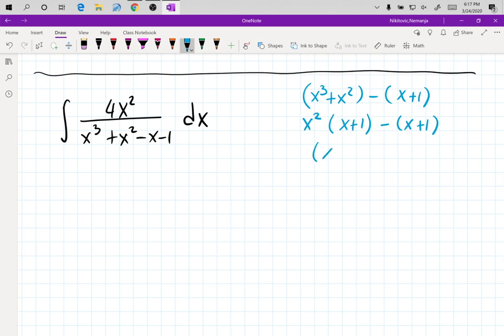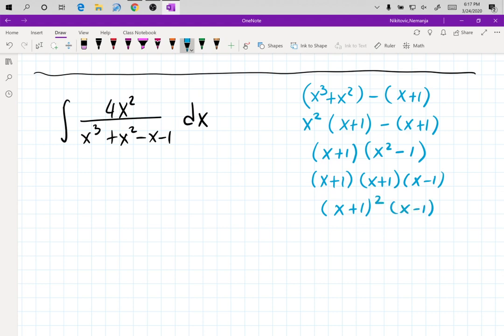And now factor out x plus 1, which leaves us with x squared minus 1. And x squared minus 1 factors further into x plus 1, x minus 1. So finally we have x plus 1 squared times x minus 1.